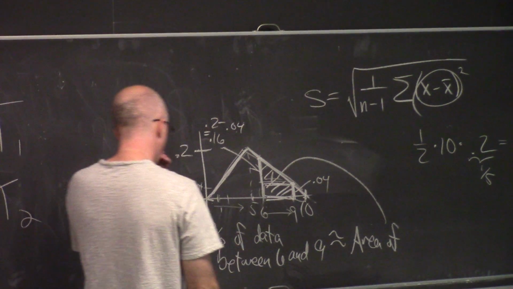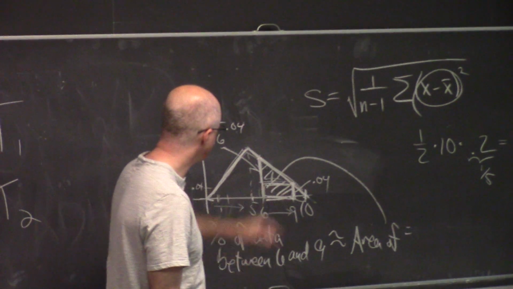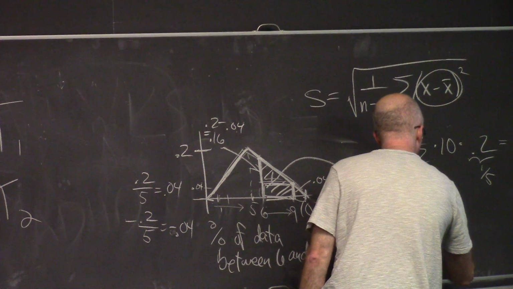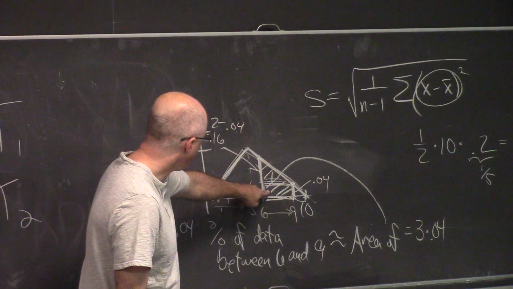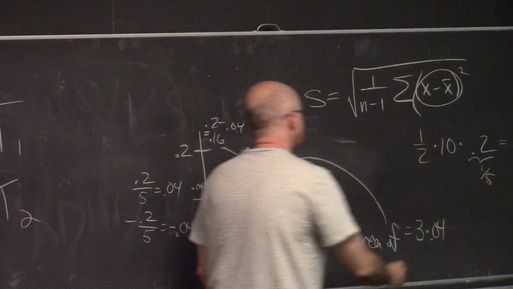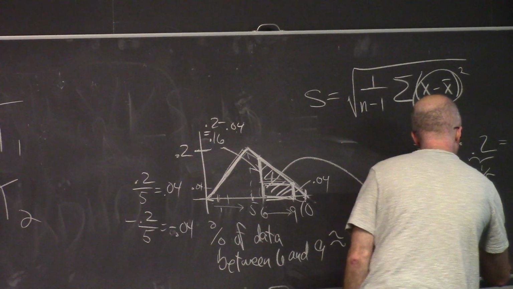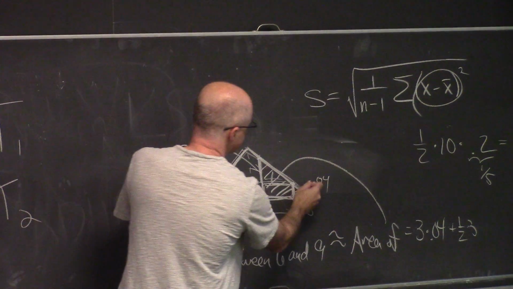Anyway, what's the area? If you want to think of it as the area of a rectangle plus the area of a triangle, the base of the rectangle is 3, the height is 0.04. So 3 times 0.04 is the area of that rectangle. The area of the triangle is 1/2 base times height. The base, once again, is 3. The height here is 0.16 minus 0.04.